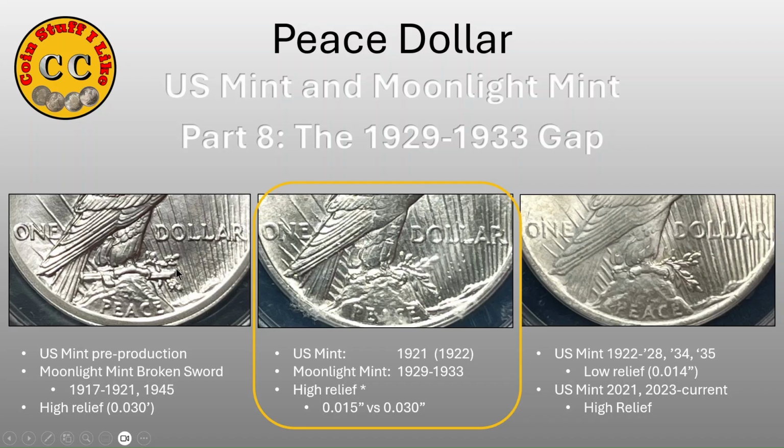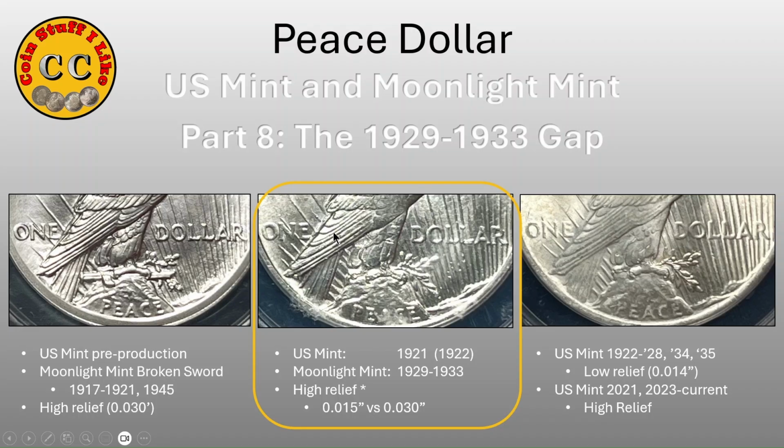But Dan Carr and the Moonlight Mint produced broken sword pieces that cover 1917 through 1921, and also there's a 1945 broken sword reverse. These are all high relief. This one here, the broken sword is removed, and so now it's more aligned with the 1921.